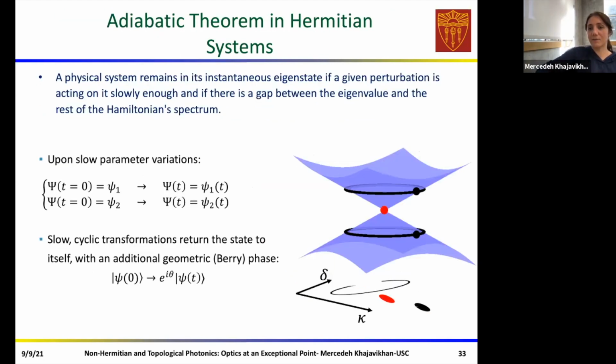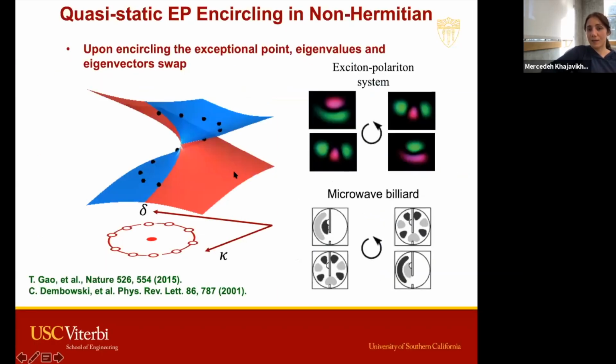I think I got ahead of myself. So this is the adiabatic theorem. Again, if you slowly change the parameters, in the standard adiabatic theorem of quantum mechanics, you're expected to stay in the same Riemann sheet, and the eigenstate remains the same. You can only at best acquire some extra phase. And this is not the case in non-Hermitian systems.